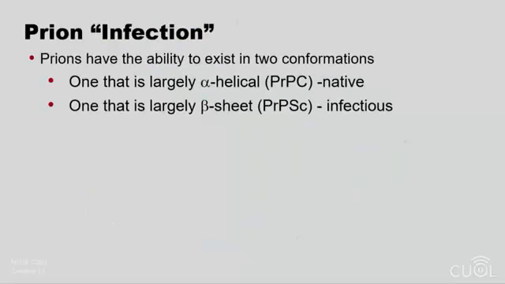Prions really exist in two conformations. Most of us and most cattle and sheep and deer and elk and other mammals, mice, have a largely alpha helical shape to them. So there's I think 7 alpha helical domains in the native conformation. And it's referred to as PrPC, so I already talked a little bit about this on Wednesday.